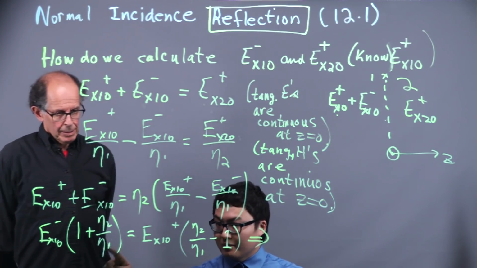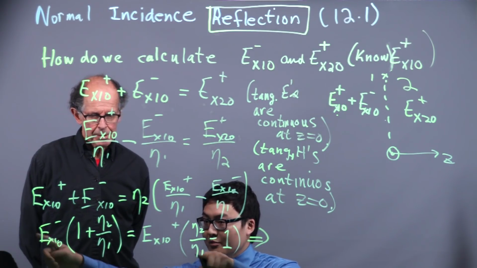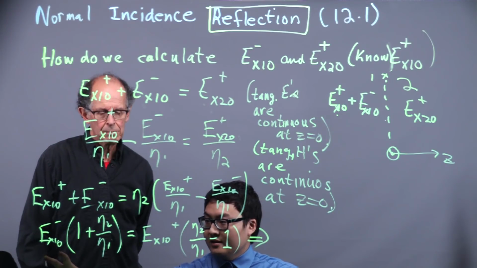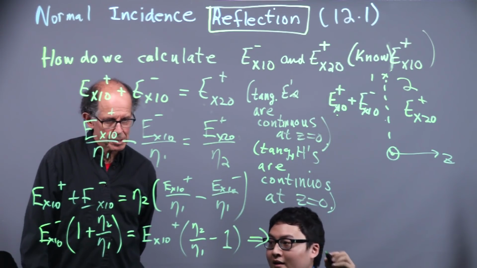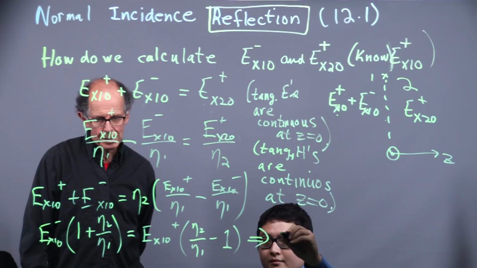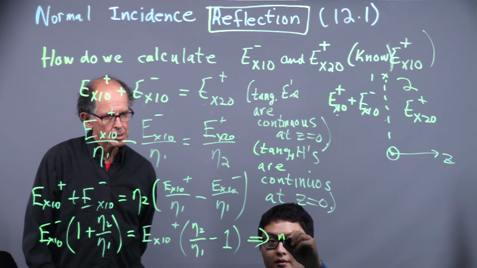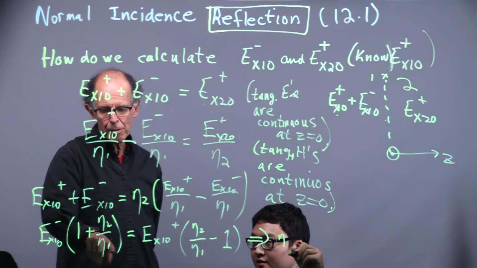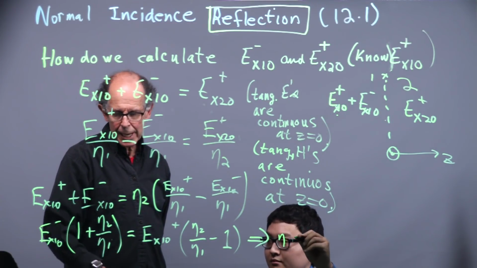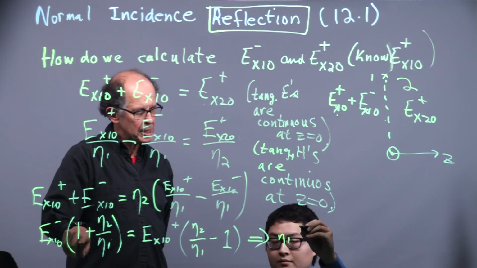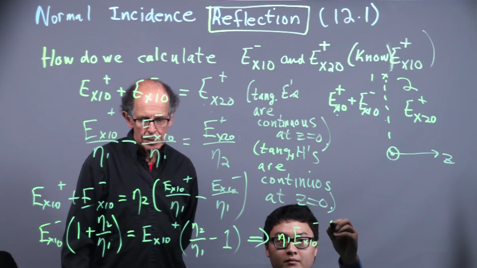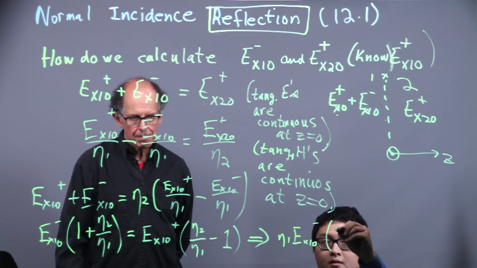So you want to multiply eta 1 on both sides, and then solve for E_x10 minus. So multiply through by eta 1, and then divide. So take it in pieces, eta 1, E_x10 times 1 plus.